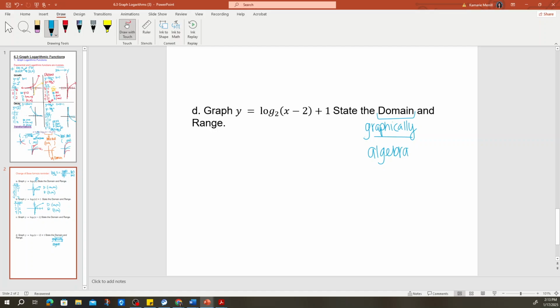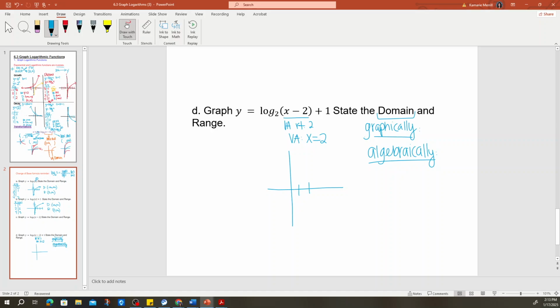Because your homework has you realize vertical asymptotes and domain, and I want to talk about it. Graphically, this is a what shift when I think about this graphically and I'm stating the domain? It's a right 2. So I'm visualizing my vertical asymptote being moved to the right 2. So my vertical asymptote is at x equals 2. So that's me doing that graphically.